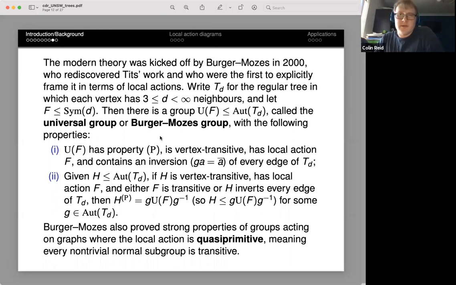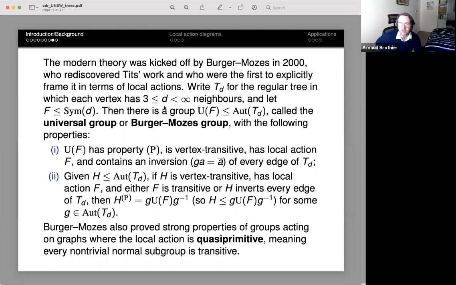I think they may have produced some finitely presented simple groups in that context. I can't remember. Anyway, for our purposes, the important thing is these Burger-Mozes groups. So if we write T_D for the regular tree, in which each vertex has some finite number D.